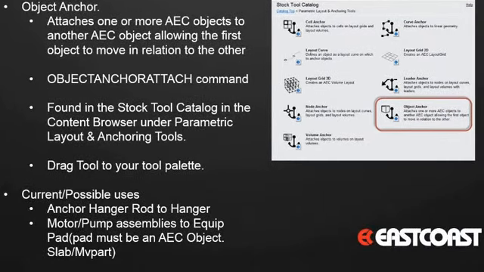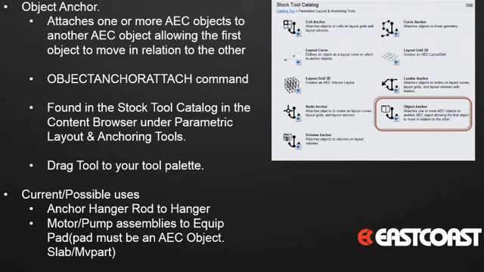So what are some good uses for the object anchor? Well, currently our software uses it to anchor the hanger rods to the hanger, and then the hanger itself to the pipe. So when you move the pipe, the hanger and the threaded rod move with it. You can also anchor your motor pump assembly to a concrete inertia pad, as long as that pad is an AEC object.